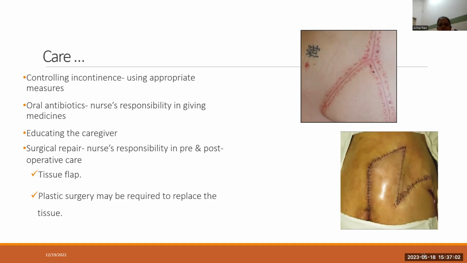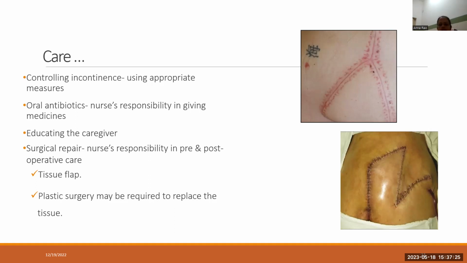Surgical repair, whenever possible, is done, especially in the third and fourth stage of bed sore. Of course, it will depend on how big the wound is. Okay, so different procedures are used, like a tissue flap can be done, or plastic surgery may be done.